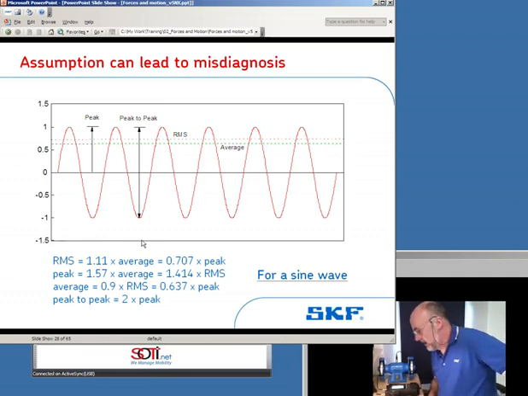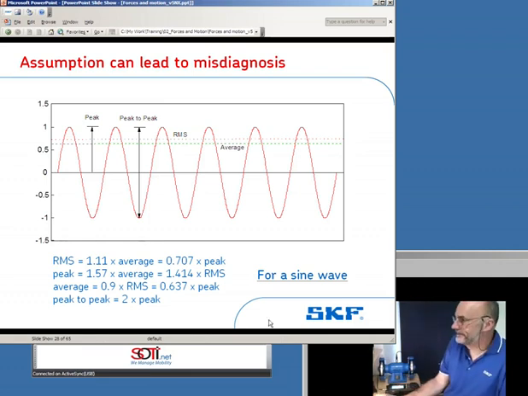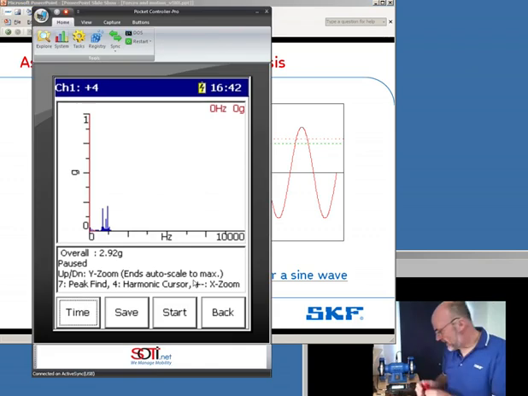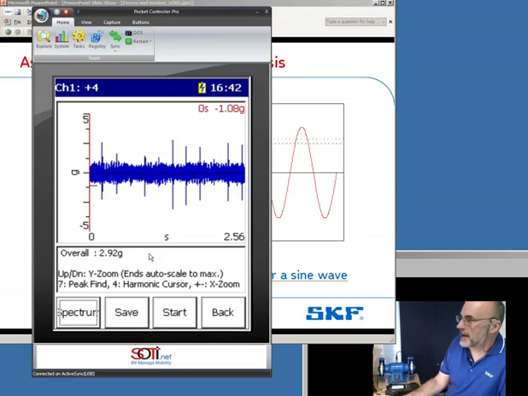Why is this? Well, if you go back to my instrument, there's my spectrum. If you look at what's happening in the time domain, this is the plot of the signal versus time. So we've got the output from our accelerometer versus time, and we can see the impacts. What the machine is doing is taking the RMS of that signal, and I've shown you the RMS process.